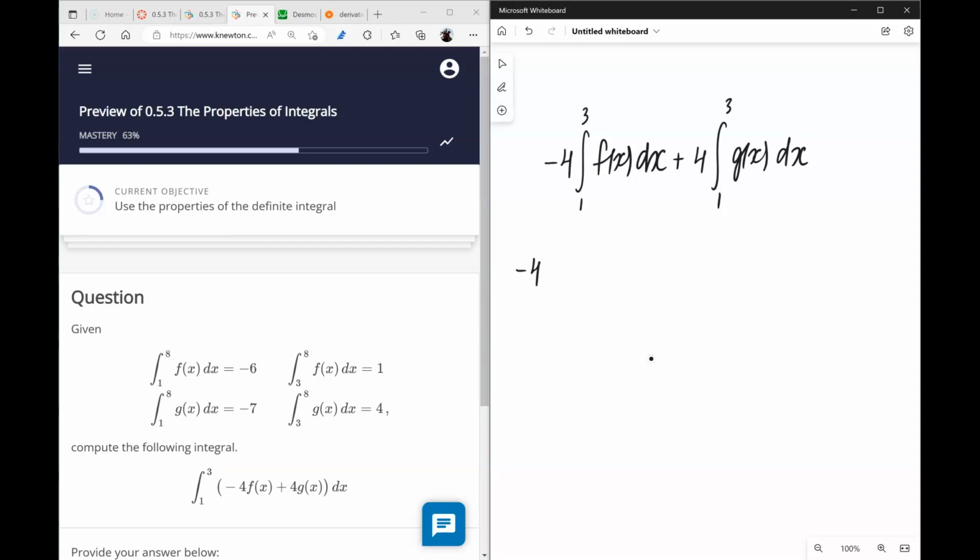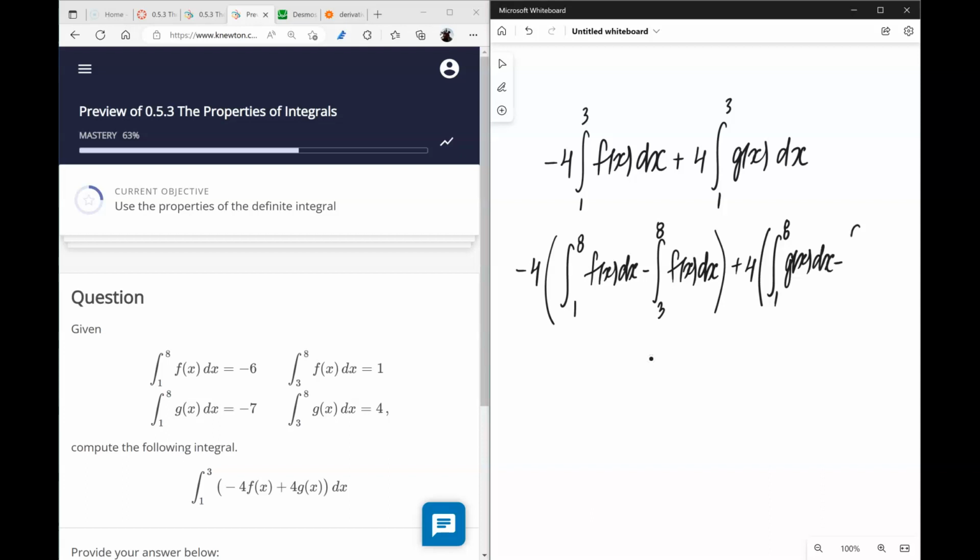And the integral from 1 to 3 would be equal to integral from 1 to 8 of f of x dx minus integral from 3 to 8 of f of x dx plus 4, and the same thing here, from 1 to 8 g of x dx minus integral from 3 to 8 of g of x dx.